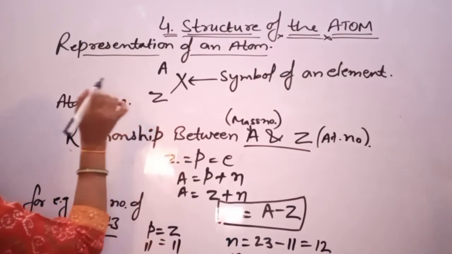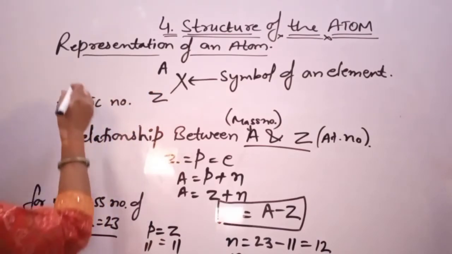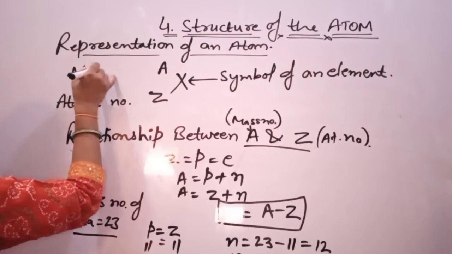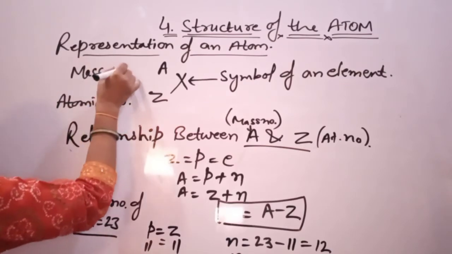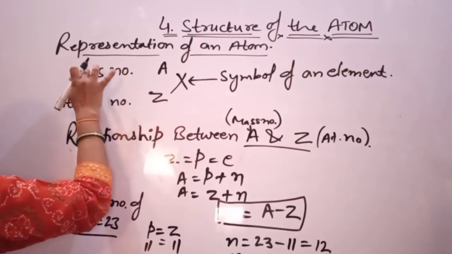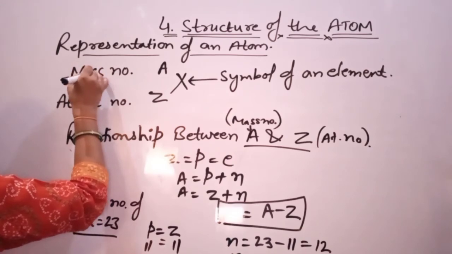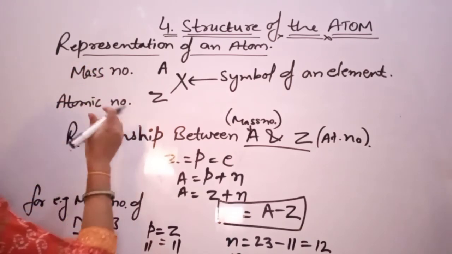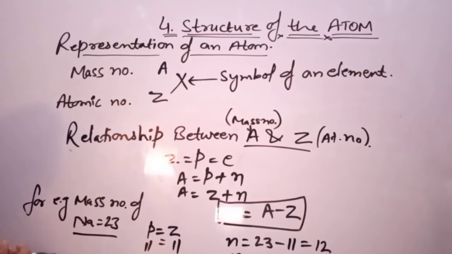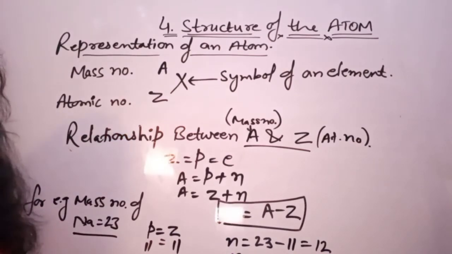Z is the atomic number, and A is the mass number. So you can write that also: A is mass number, Z is atomic number, and X is the symbol of an element.